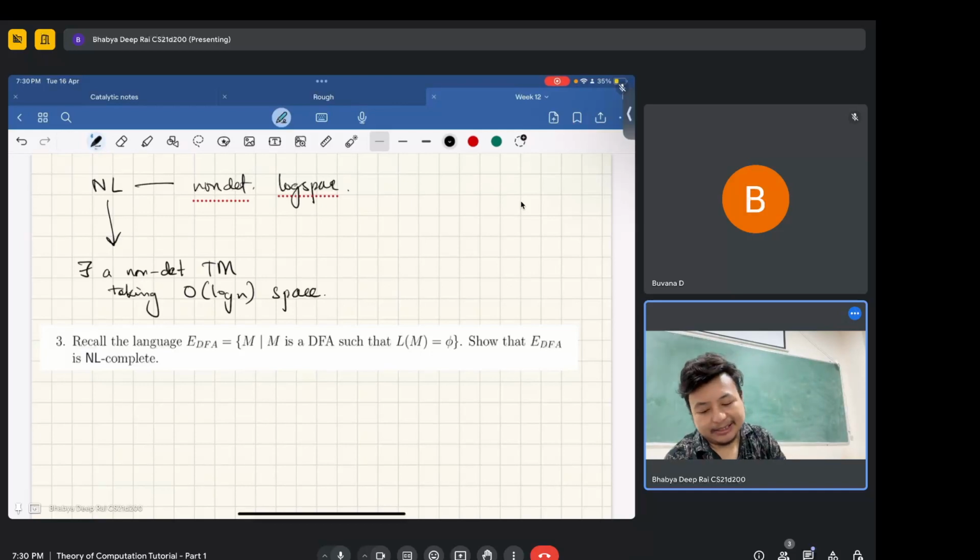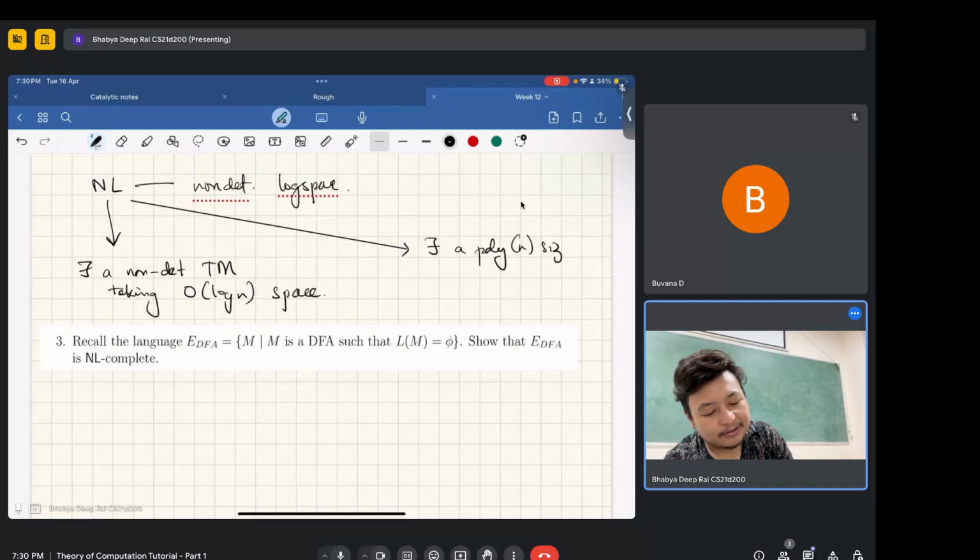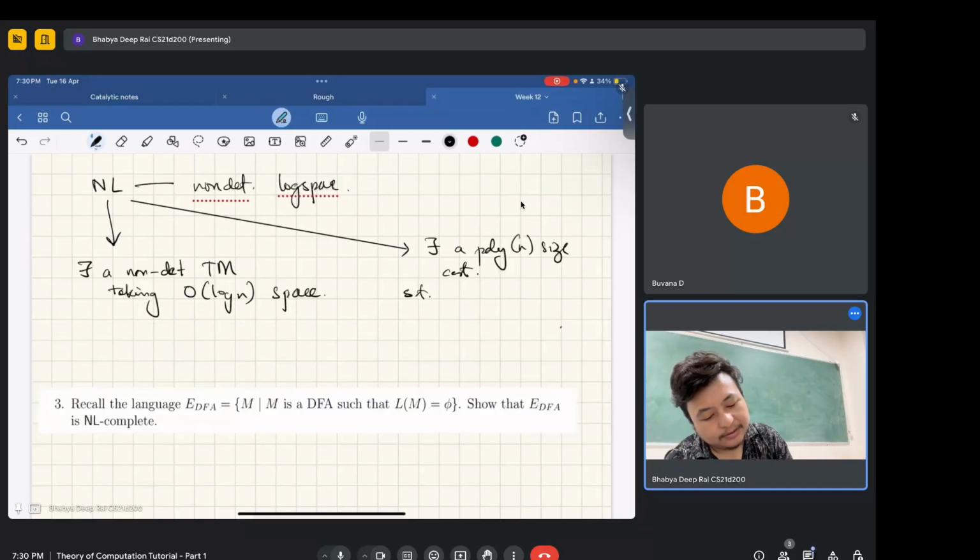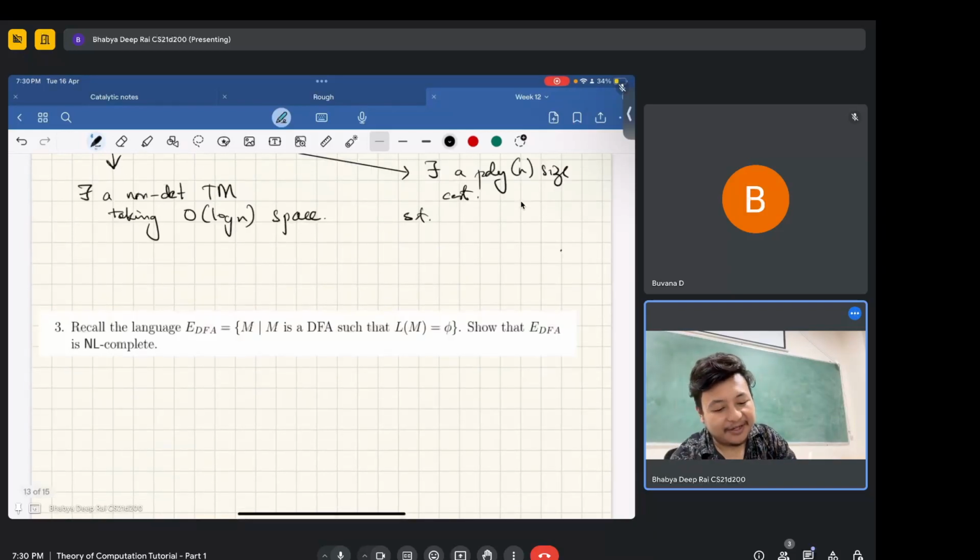Okay, this is NL. And the alternate definition is the verifier definition. If it is in NL, then there exists a polynomial size certificate such that there is an efficient verifier, such that the certificate can be verified efficiently.